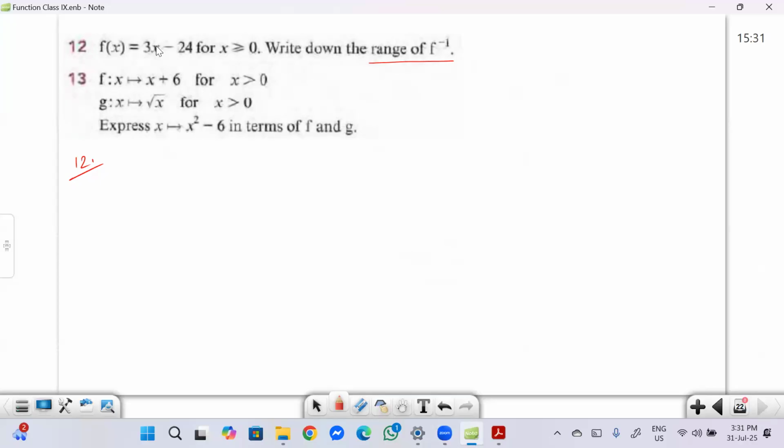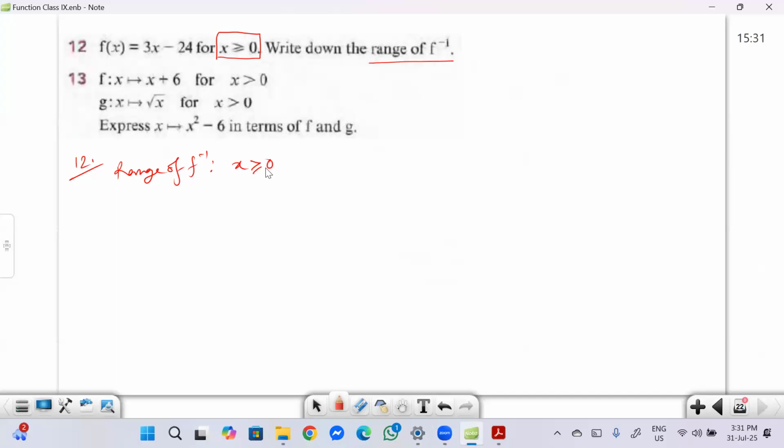So you see that in the domain part of f of x, they mentioned that x must be greater than or equal to 0. So that means that would be the range for f inverse. Then এটাই range. তাহলে হচ্ছে range of f inverse is x is greater than or equal to 0.